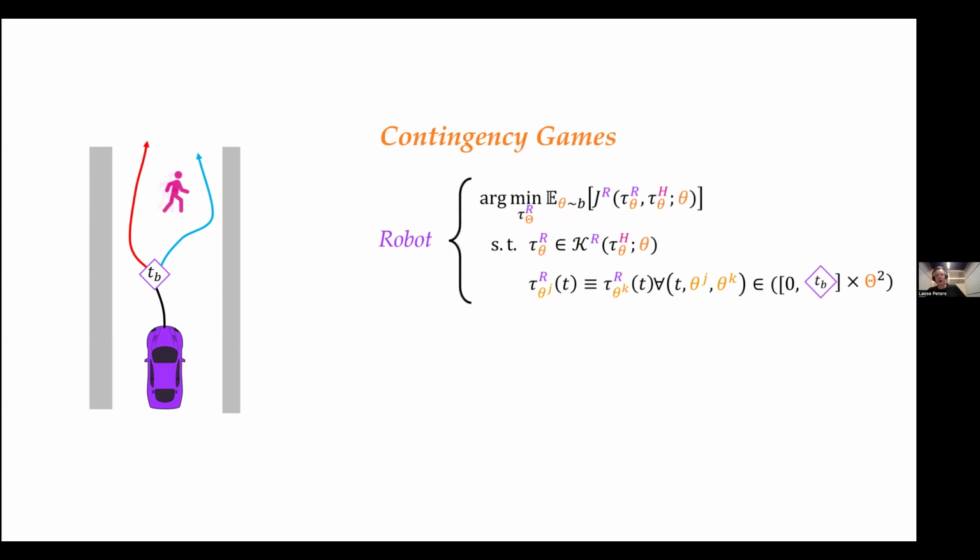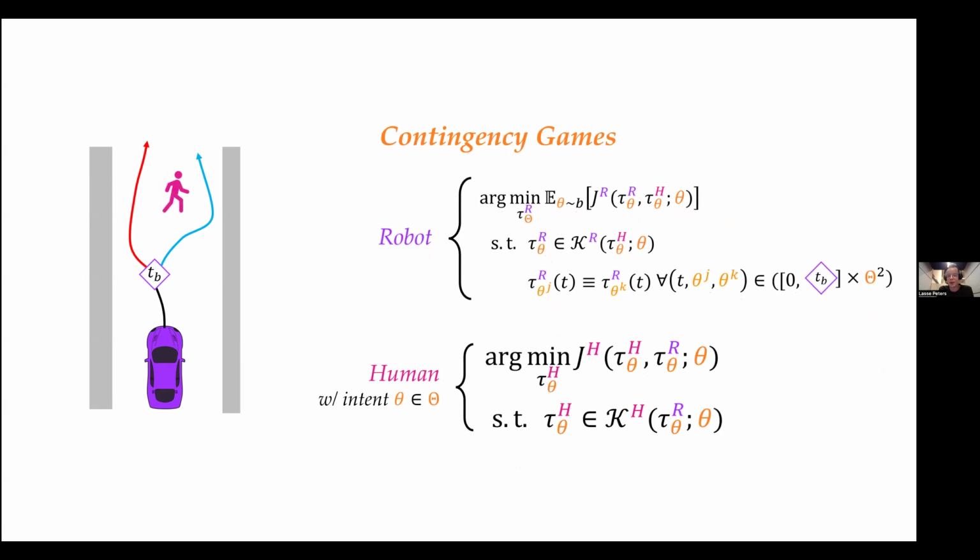And so in order for this to be closely coupled with the human, this conditional plan of the robot plays against k copies of the human, one for each intent, as in the fixed uncertainty game. So we have these k ghost versions of the human, each of which acts under a different intent, and they only see the robot.